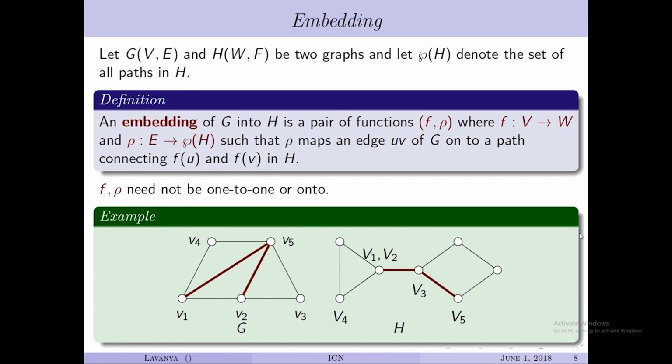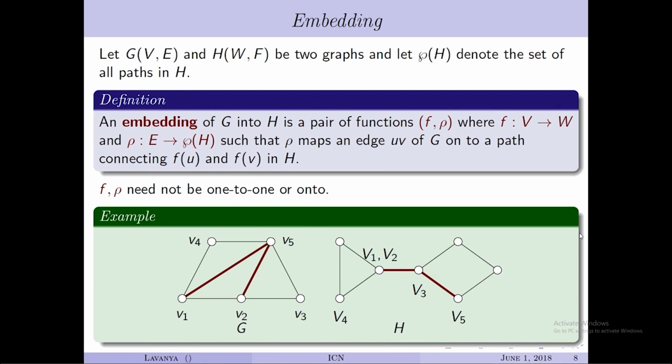I have just given you a mapping where the small alphabets V1, V2, V3, V4, V5 are mapped into capital alphabets here. Okay. So, you can see that V1 here is mapped to this node here, V2 is mapped to this node again, V3 is mapped to this, V4 is mapped to this node, V5 is mapped to this. Right. So, this is an embedding.